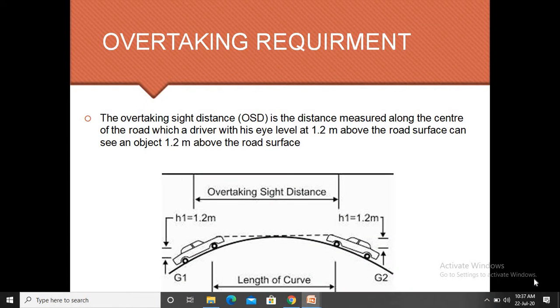Overtaking requirements, we have already discussed this point. This is the length of the curve, and this is the overtaking sight distance from here to here. At that particular time only we need to overtake.